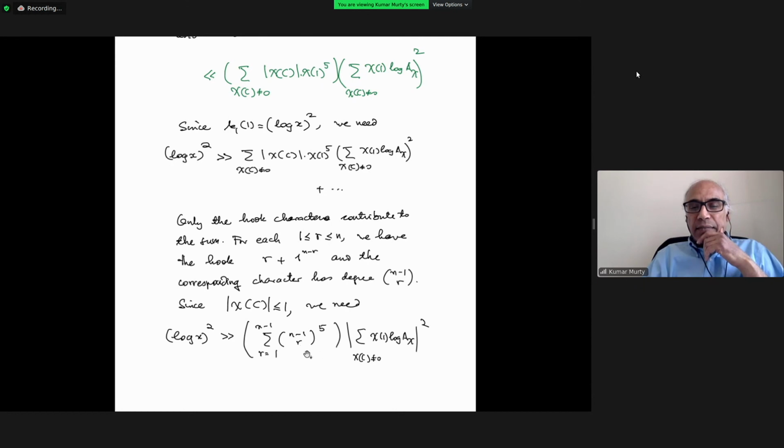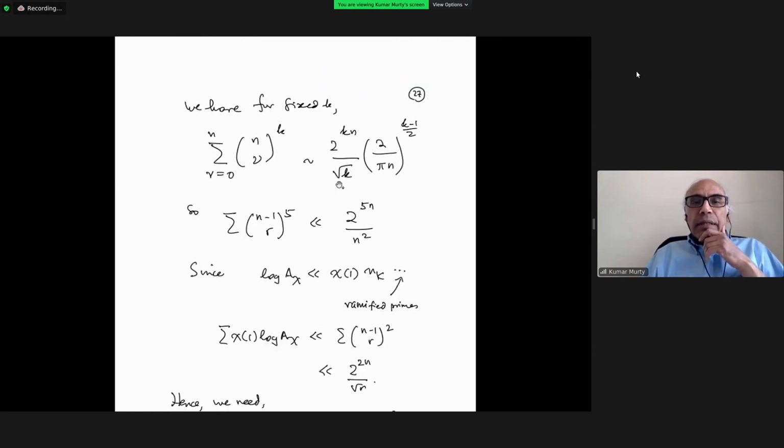So anyway, you get n minus 1 choose r to the 5th times this chi of 1 log a chi squared. Okay. And now there's a simple combinatorial formula that if I take the kth powers of the binomial coefficients, it grows roughly like this. So in particular, the fifth power, I will get it bounded by 2 to the 5n over n squared.